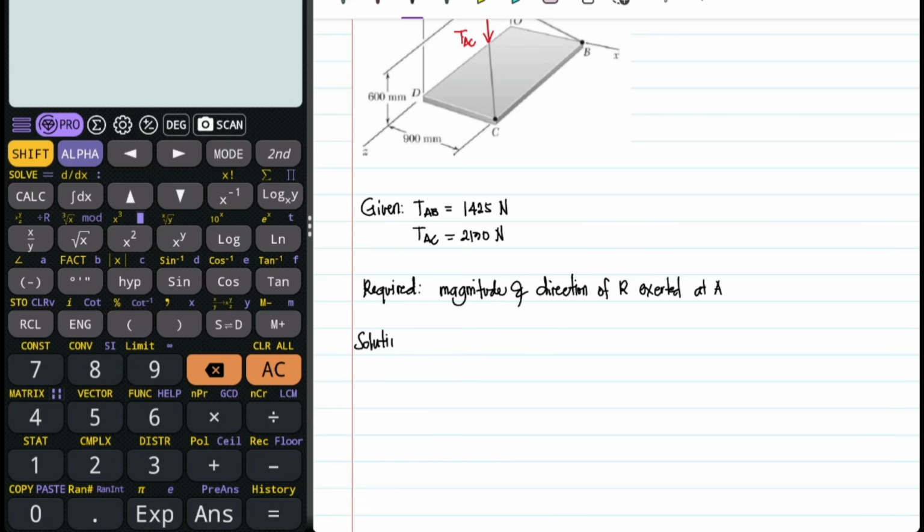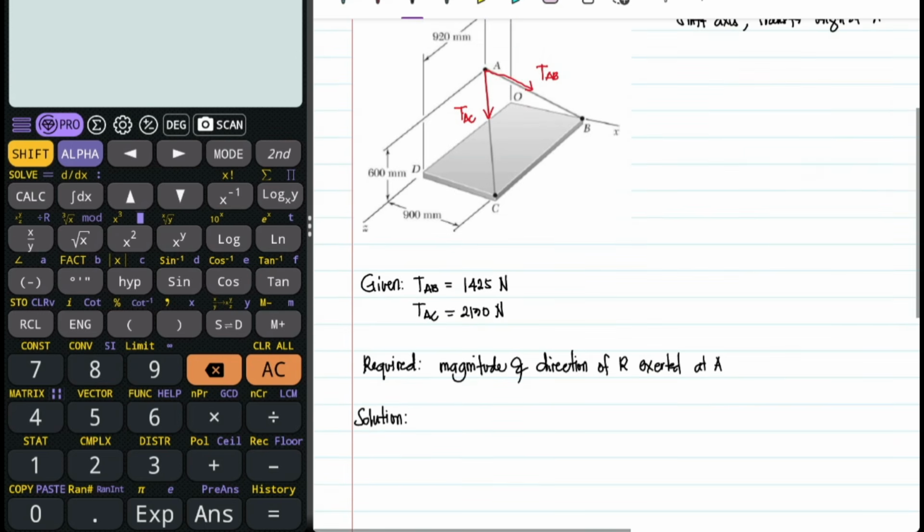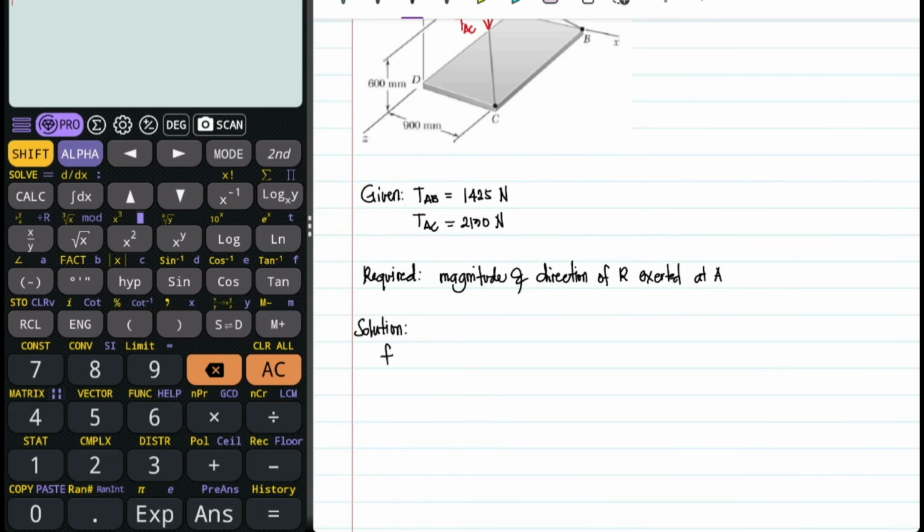And by the way, you can notice the axis orientation is not the typical orientation, wherein the Z, Y and X axes are interchanged.